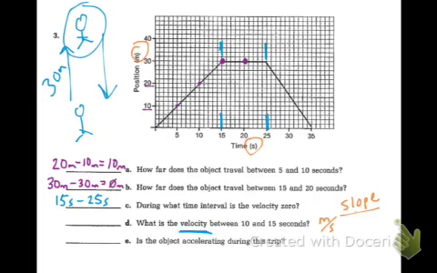So for between 10 and 15 seconds, we've got 30 meters minus 20 meters over 15 seconds minus 10 seconds. So if we do that, we get 10 over 5. So we get 2 meters per second.